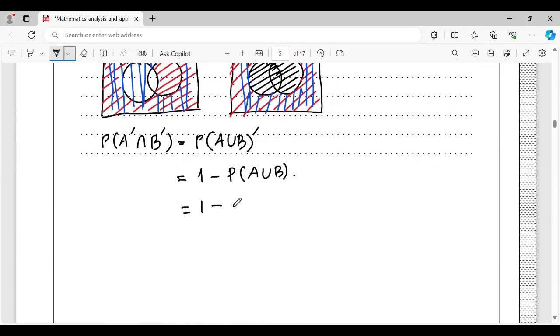That means 1 minus 0.8 equals 0.2. This is the answer.